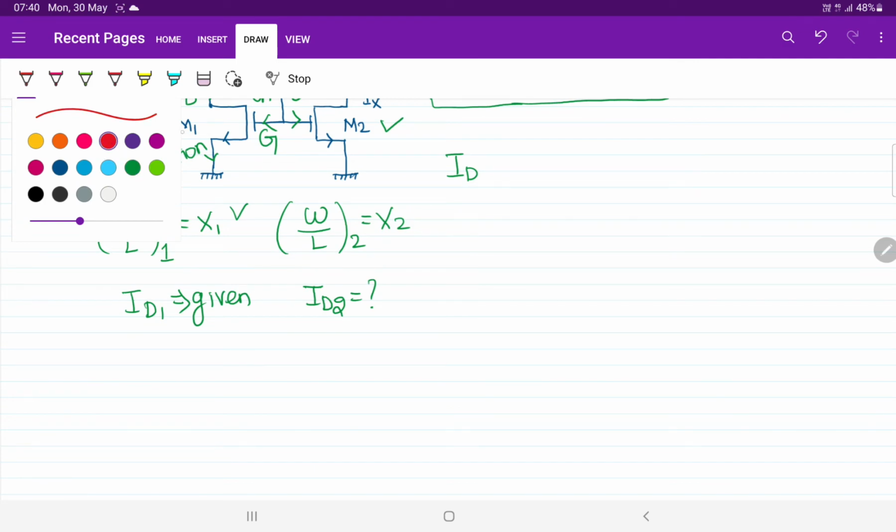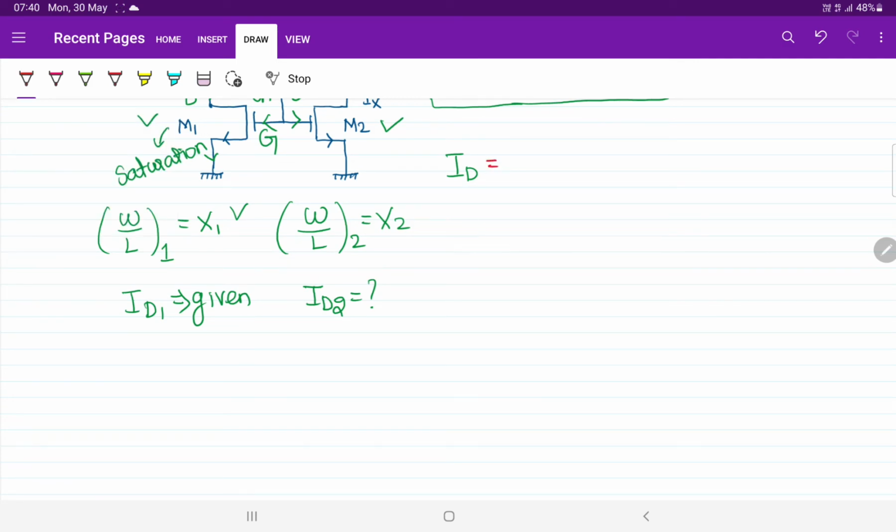How will you write down the expression for ID? When the MOSFET is operated in the saturation region, it can be written as mu n C ox W by L, of course with a 2, and then VGS minus VT whole power 2. That is the drain to source saturation region current.